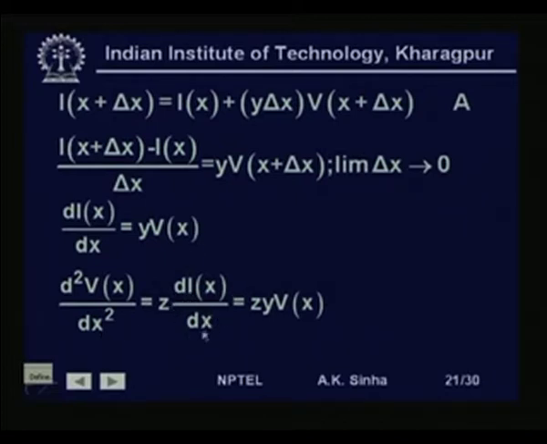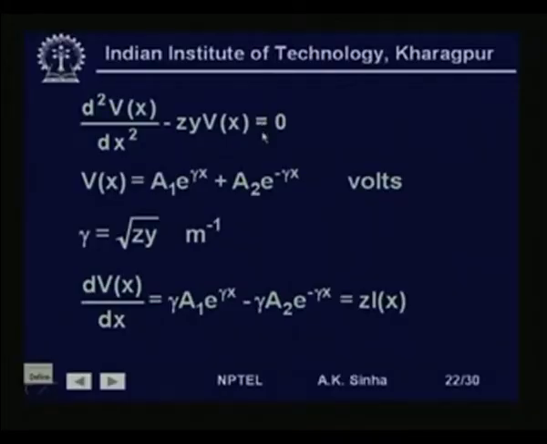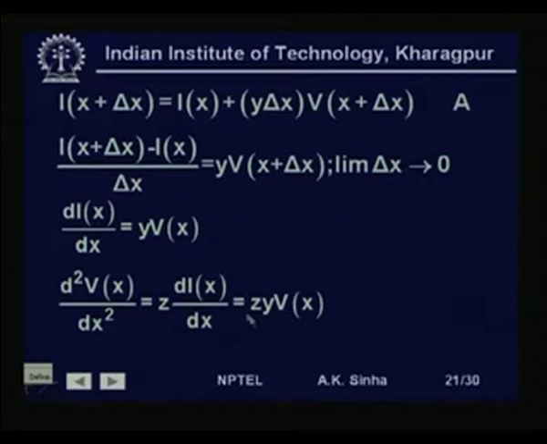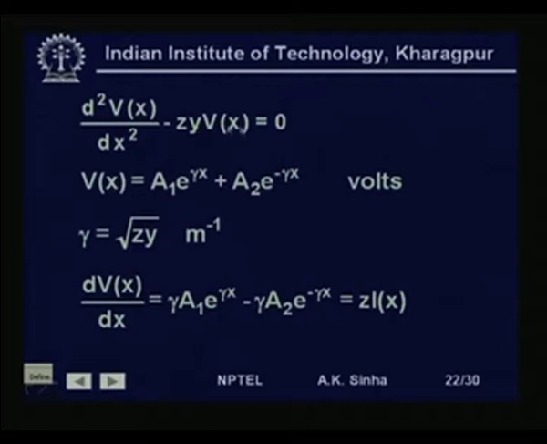Now, substituting the value of dI(x)/dx from this equation, we get this equal to z into y into V(x). We can write this as d²V(x)/dx² minus z y V(x) is equal to 0. That is, we have taken this term on this side. So, d²V(x)/dx² minus z y V(x) is equal to 0.